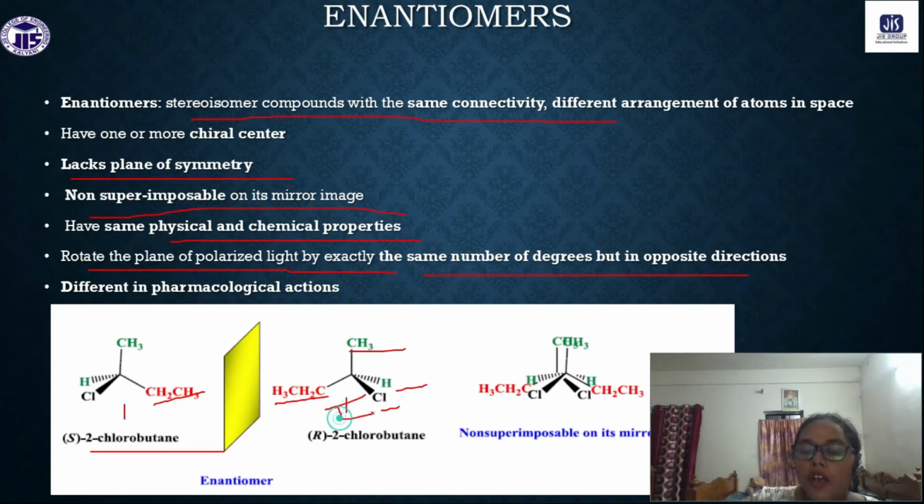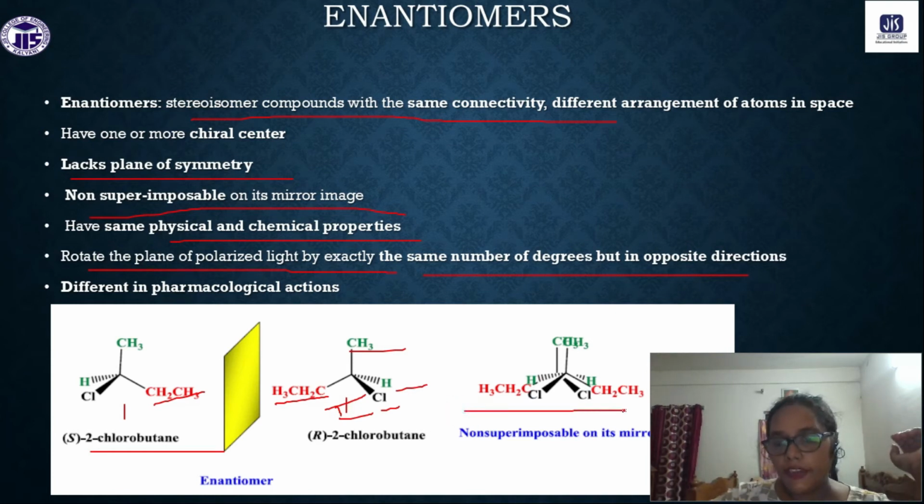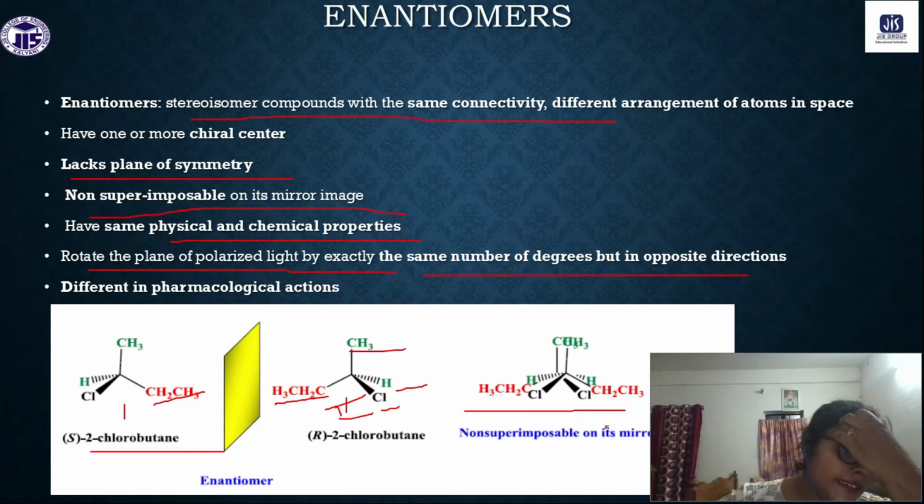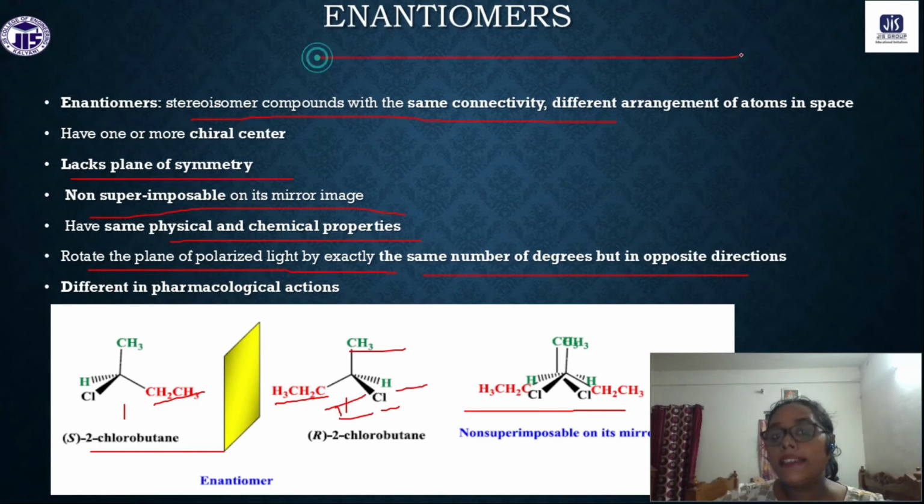Number 1 and number 2 cannot be superimposed, because if we try to superimpose them on each other, the ethyl group will come here and the chlorine will come here. Look here, the ethyl group and chlorine group, and here also one ethyl group and one chlorine group. That means the mirror images are not superimposable. So this is absolutely a perfect example of enantiomers.